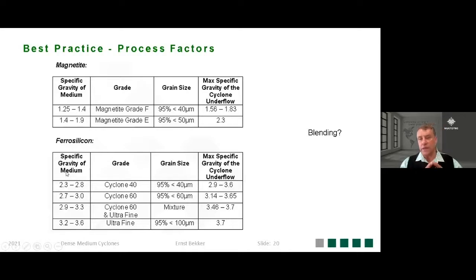That is a bit of a conundrum, because the only option you've got is to blend magnetite and ferrosilicon, because you can't only use ferrosilicon, as the solids concentration will be too little in your feed to the cyclone, so the media becomes unstable. You can't use too much magnetite either, because now you increase the solids concentration too much and get viscosity. So people blend it together, and if you know what you're doing, you can get away with this. There are operations that operate like this.